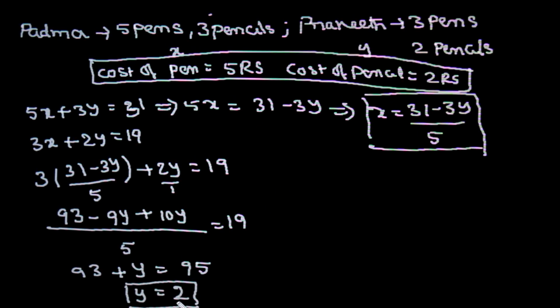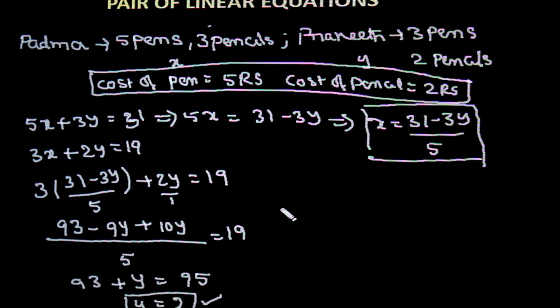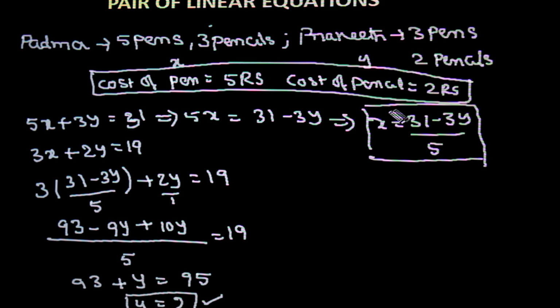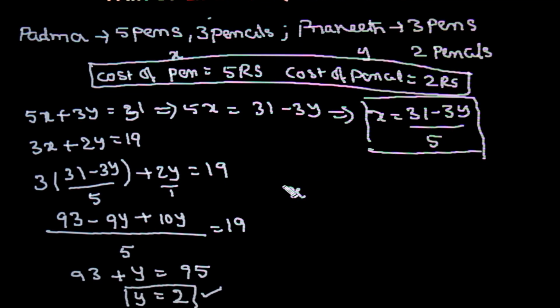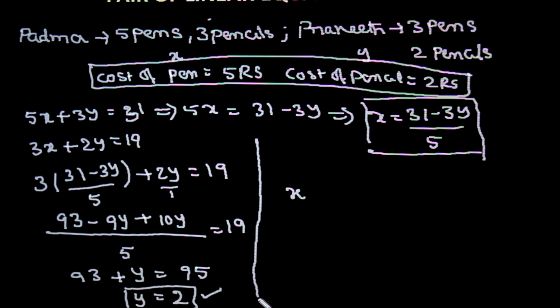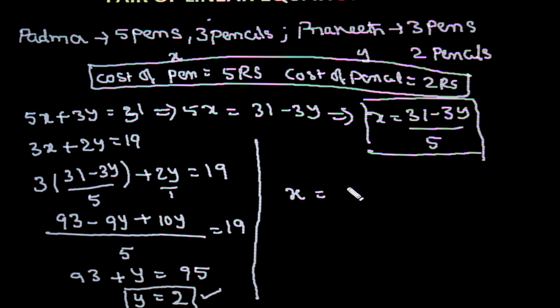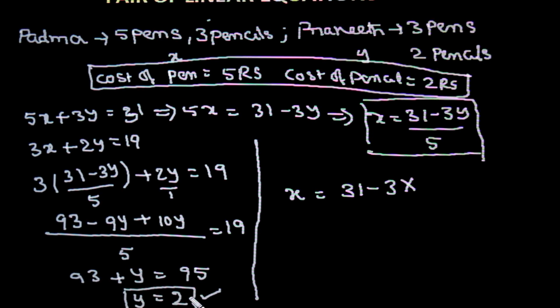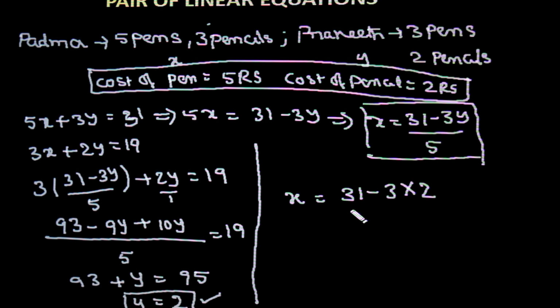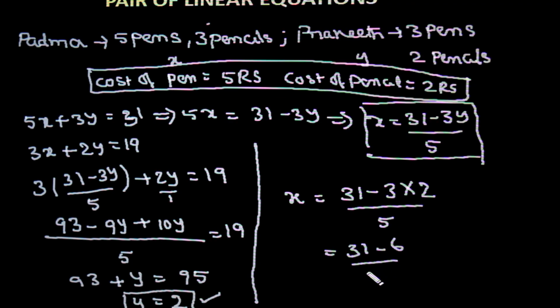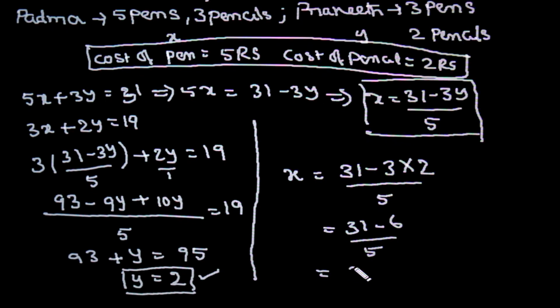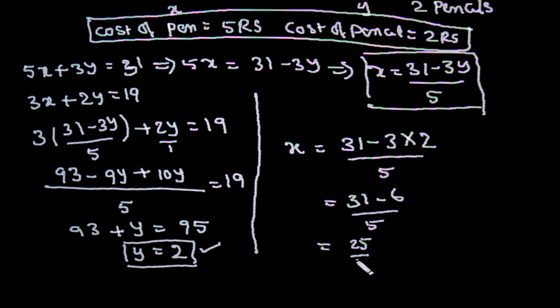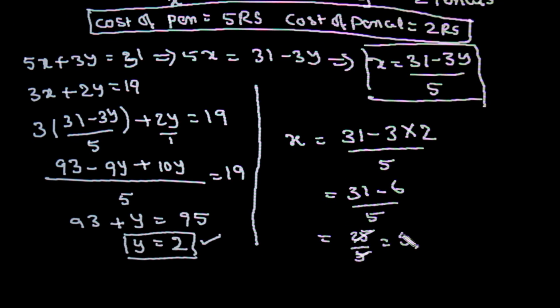Now substitute y is equal to 2 in this equation. X is equal to (31 minus 3 into y) by 5, where y is 2. 31 minus 3 times 2 is 6, so 31 minus 6 is 25 by 5, that is 5.